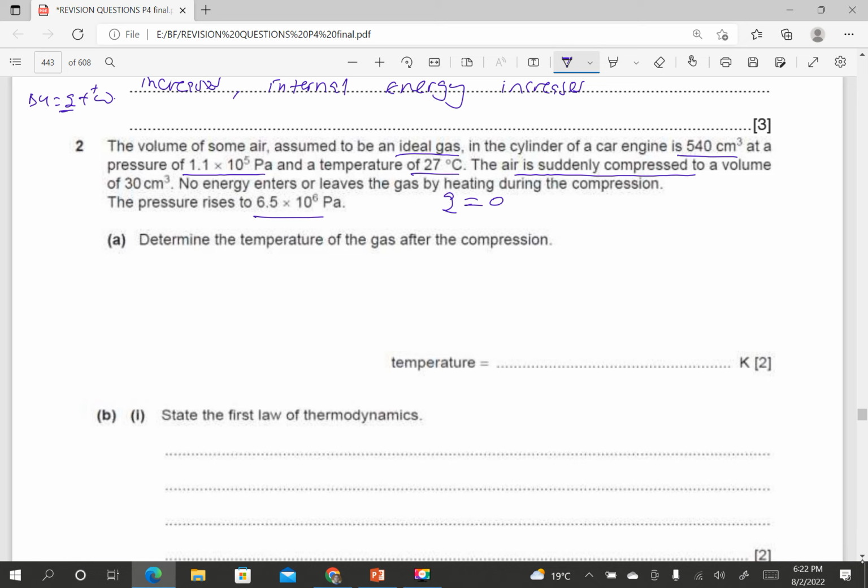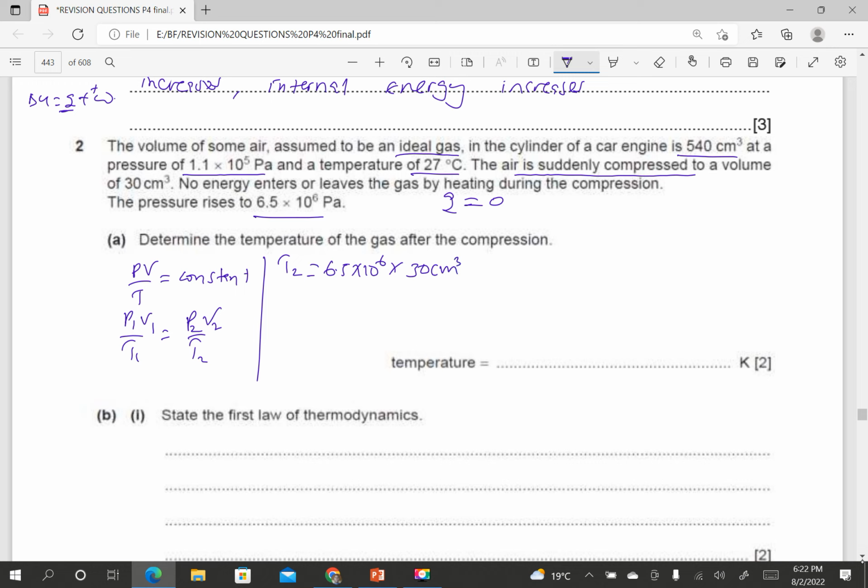So we just use PV over T is equal to a constant, or PV equals nRT. I'll simply use P1 V1 over T1 is equal to P2 V2 over T2. Then I want to find T2. T2 is going to be equal to P2, which is 6.5 times 10 power 6, times V2. I don't need to change the volume because the units will cancel, so V2 is 30 centimeters cubed.